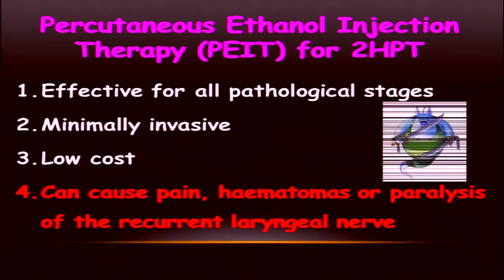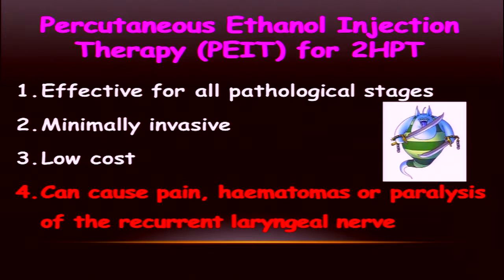However, it can cause pain, hematomas, and most importantly, paralysis of the recurrent laryngeal nerves, sometimes irreversible, requiring plastic surgery for vocal cord or even tracheotomy.